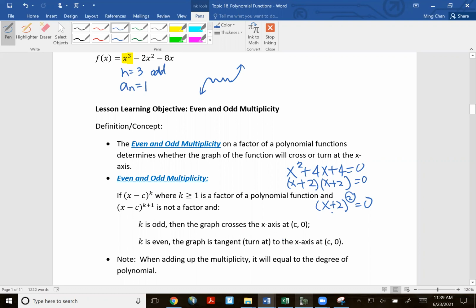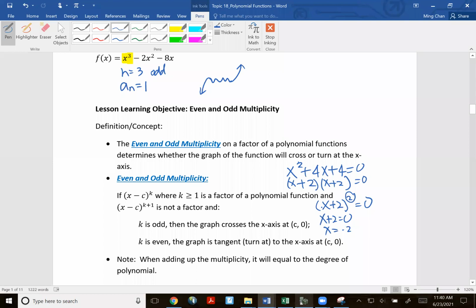And the point it will cross the x-axis at is c comma 0. So what's c? C is the x-intercept. It's the x value of the x-intercept. If k is even, like this 2, that tells me that the graph will turn at the x-axis. So technically you have 2 zeros, 2 x-intercepts, but since the 2 are exactly the same, you will only end up with 1.